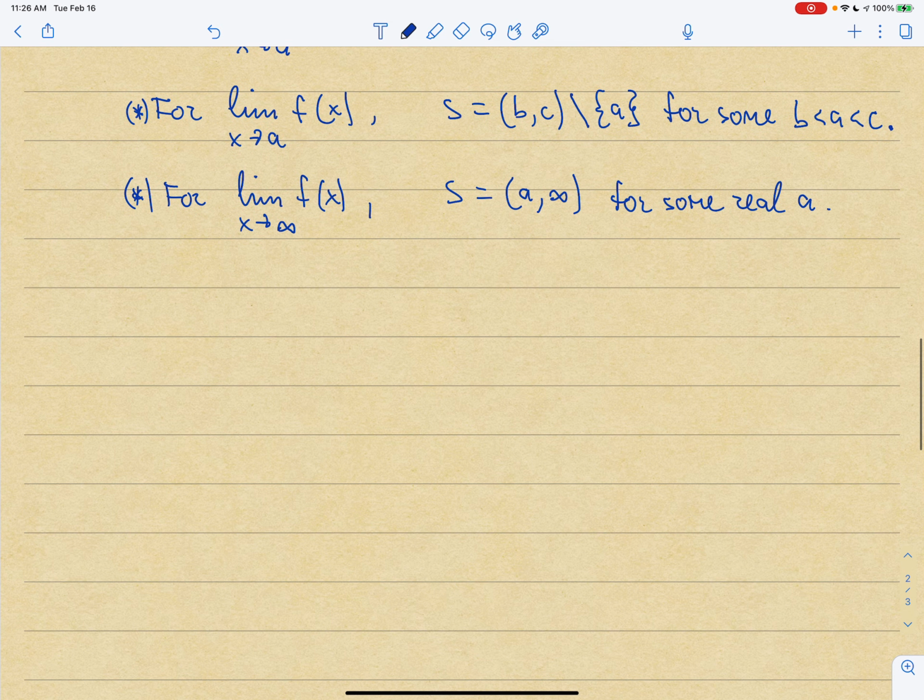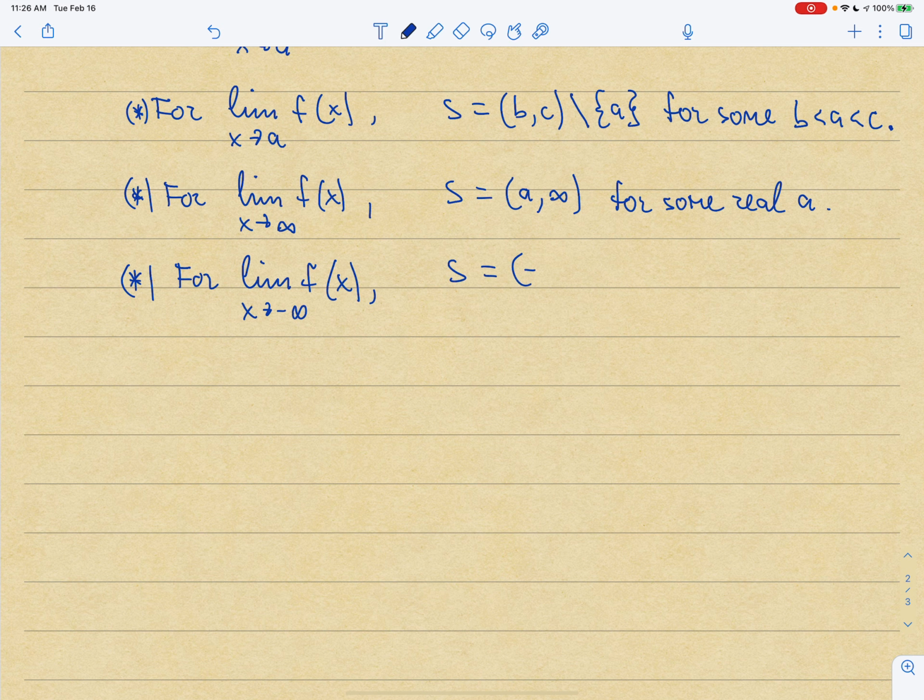And then finally, for the limit x goes to minus infinity of f of x, S should be an interval from minus infinity to a for some real a.